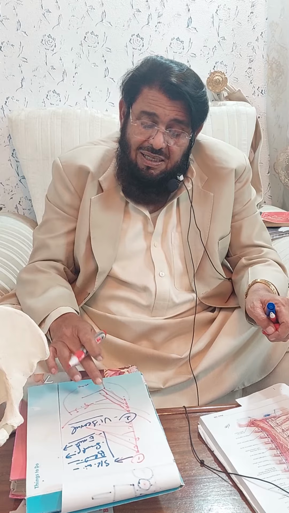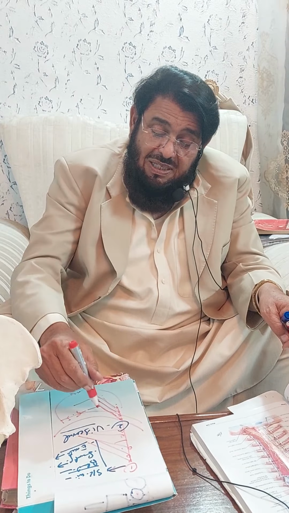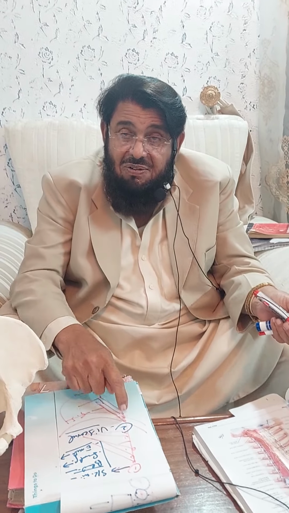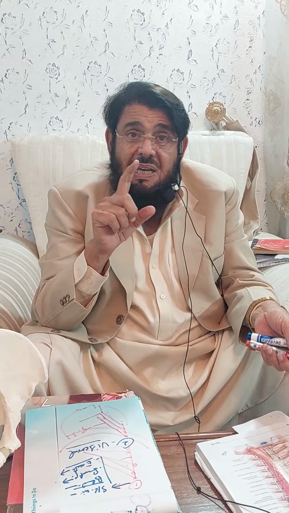Greater splanchnic, lesser splanchnic, and least splanchnic. These 3 nerves pass from the lower thoracic through the diaphragm and enter into the abdomen. Note this point, that these fibers coming from the lower thoracic ganglion are unrelayed in the sympathetic chain. They descend downward unrelayed.